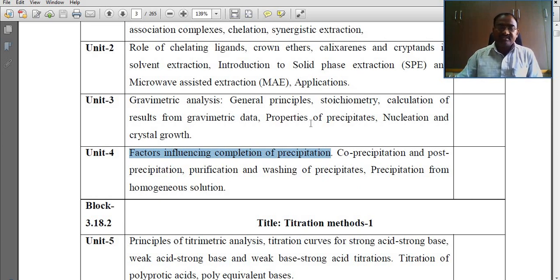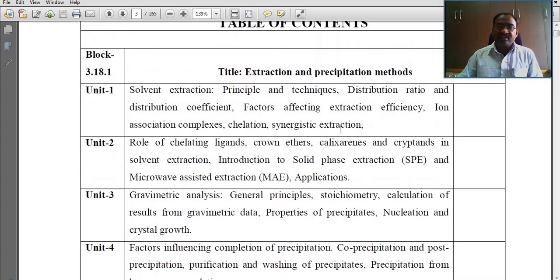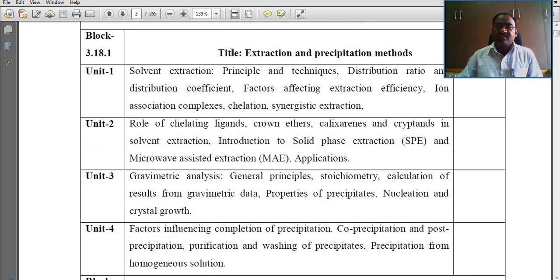These 4 units come under the first block. The title of the block is Extractions and Precipitations Method.